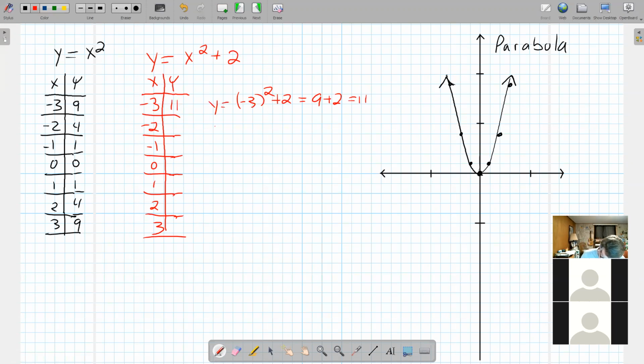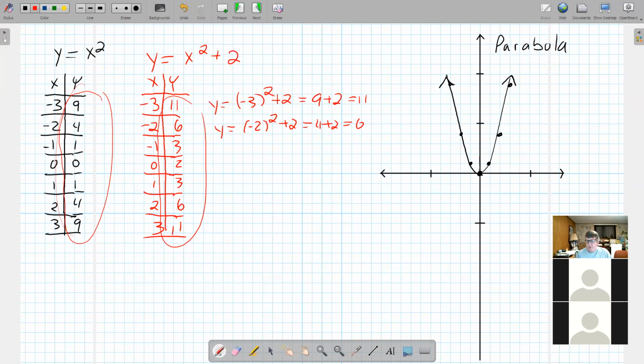Okay, let's take a look at the next one. Y equals -2 squared plus 2, which is 4 plus 2, which is 6. Well, can you see that my first calculation is x squared, which produces the same numbers I have here. But then I'm going to add 2. So my final answers over here are going to be these plus 2. Okay, so this is just like that, but plus 2.